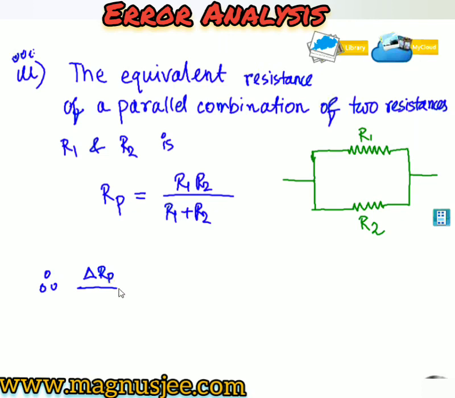Therefore, delta Rp by Rp into 100. Delta Rp is the absolute error in the measurement of equivalent resistance divided by Rp, the true value of equivalent resistance, into 100.